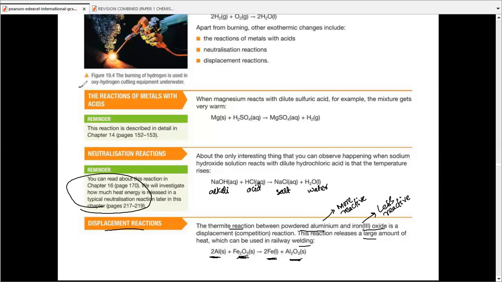So I hope you would remember these specific examples on top of combustion as the examples for exothermic reactions. No matter which metal is reacting with which acid, or which alkali is reacting with which acid, or what kind of displacement reaction it is, or which metals it's involving, you are going to consider all of those as exothermic reactions.